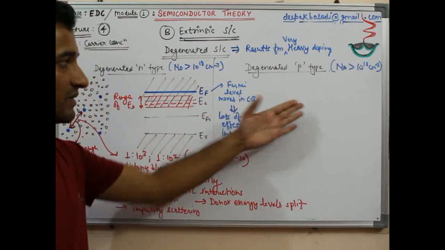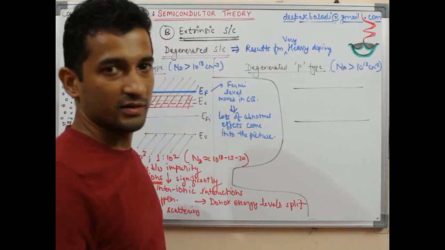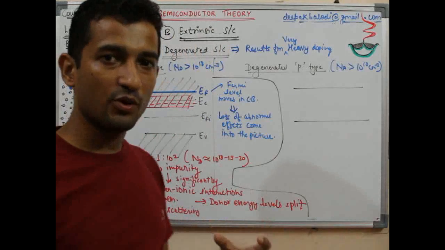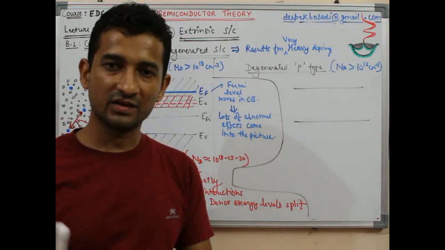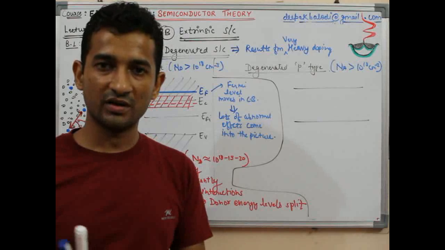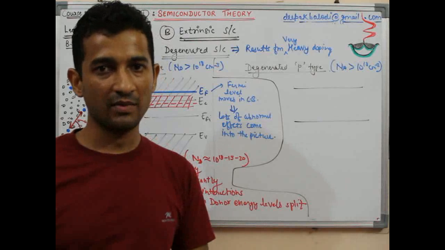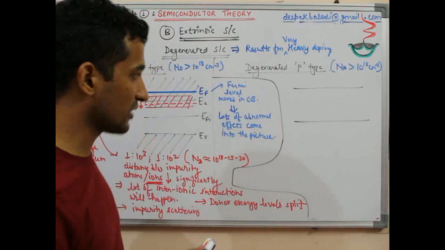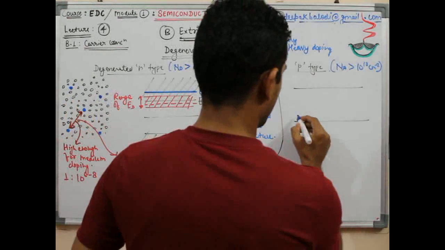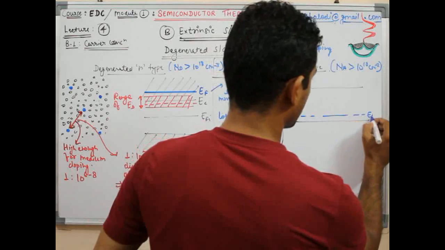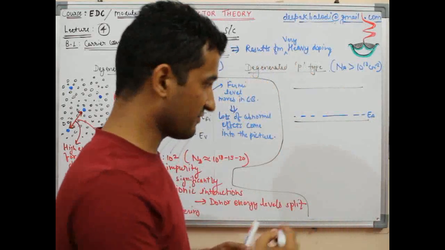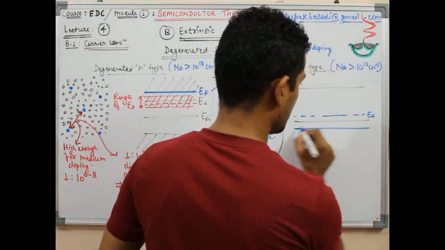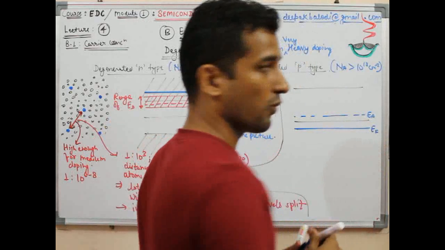The same thing happens here. Again the impurity acceptor ions are coming very close to each other. They start ionic interaction between them, and this is a highly dangerous interaction. So all due to that, the EA energy level, the acceptor energy level, splits, and the final Fermi level moves within the valence band.